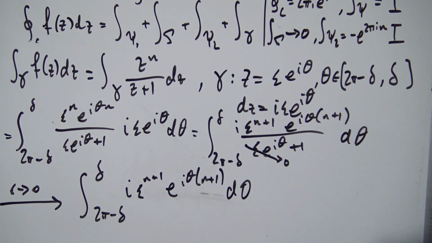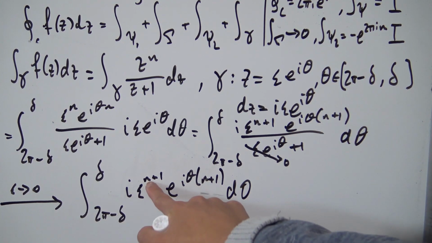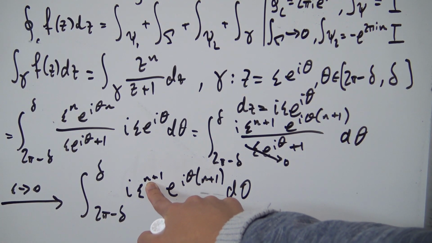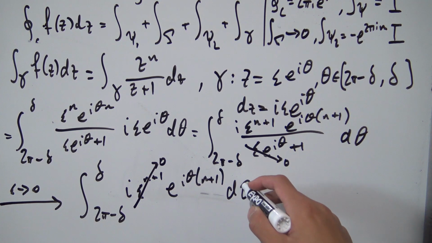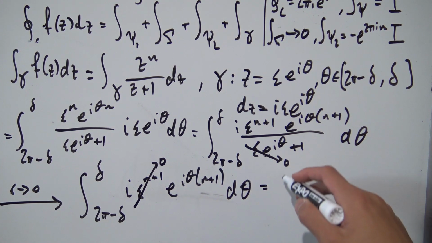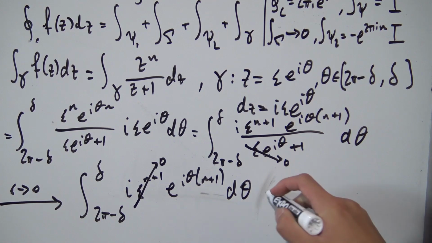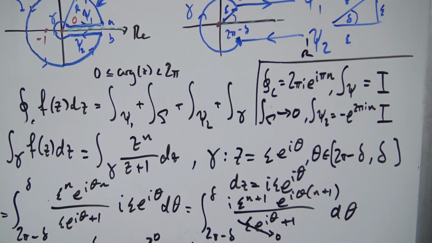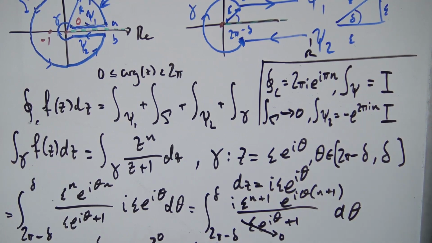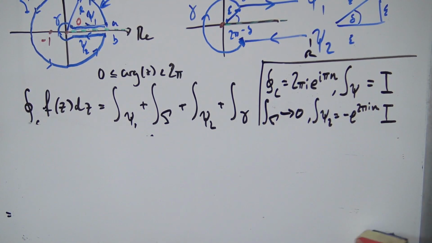And you see, when this epsilon gets smaller and smaller, remember n plus 1 is actually positive, so a small number to a positive number is still a small number. So this thing right here is going to go to 0, which just kills off the whole entire integrand, and that's going to really go to 0. So yeah, that's how you can prove that the integral along little gamma goes to 0 just by taking the limit on the inside of the integral. So we have pretty much finished evaluating all the integrals.